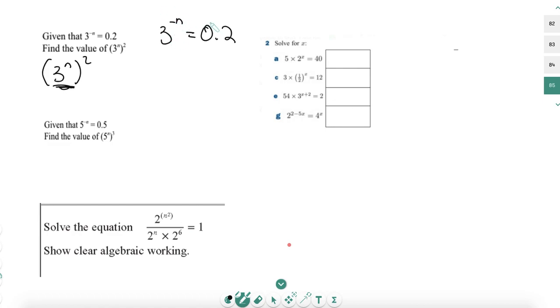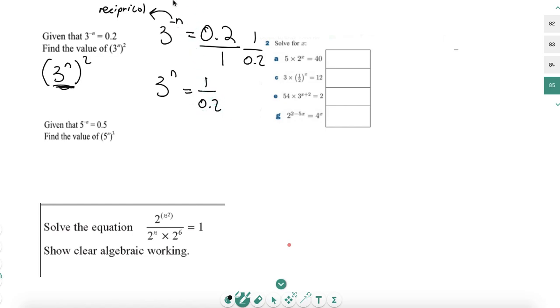Well, what we can do is first turn this number into a fraction, because when I have a negative indice, it means reciprocal. So if I was to flip 0.2, well, 0.2 is 0.2 over 1. I can flip that to 1 over 0.2. So 3 to the power of n, we're going to flip it to 1 over 0.2.